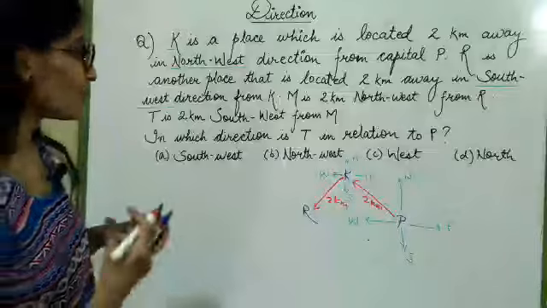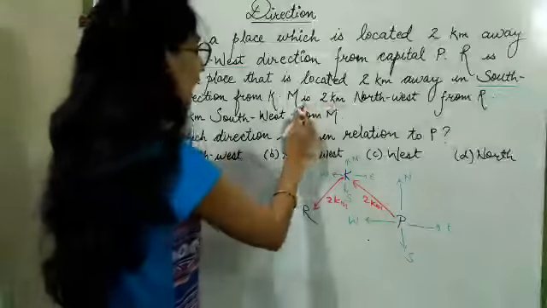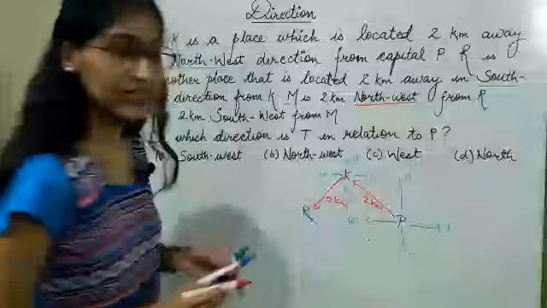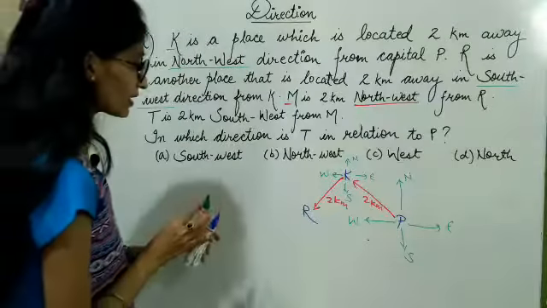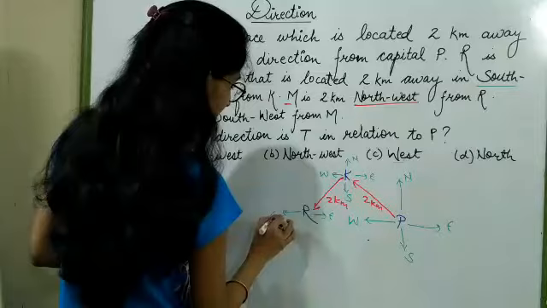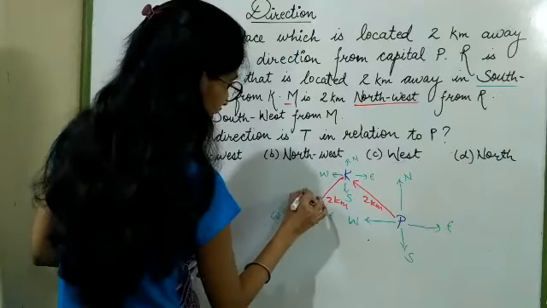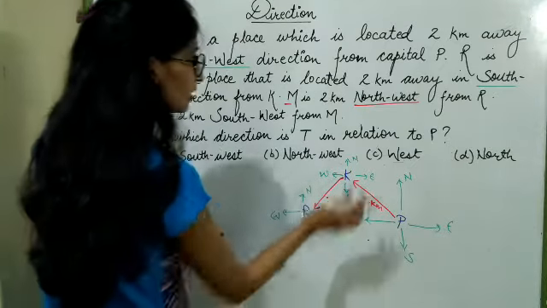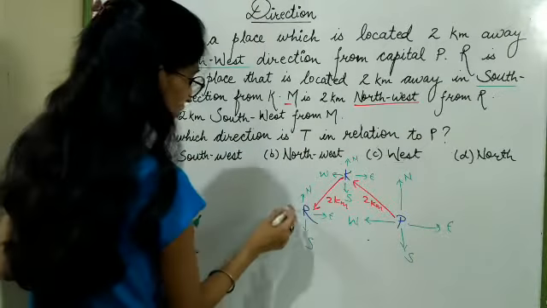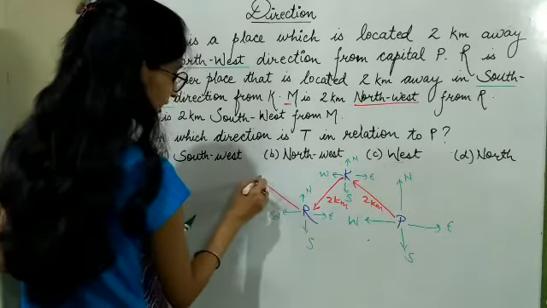Now let's proceed further. M is 2 km northwest from R. So first I have to mark the directions of R. East, west, north, south. Mark the direction northwest. So northwest will be in this direction.